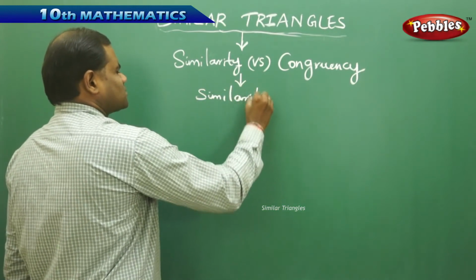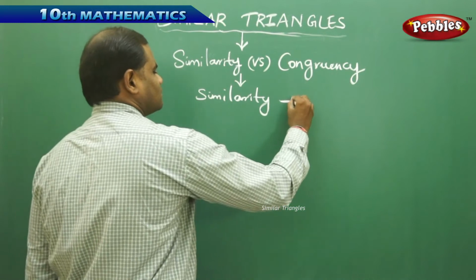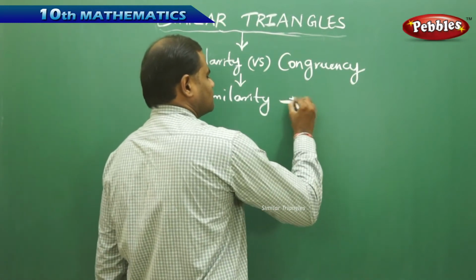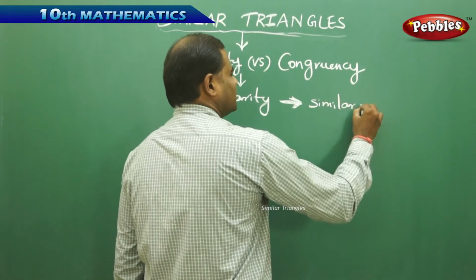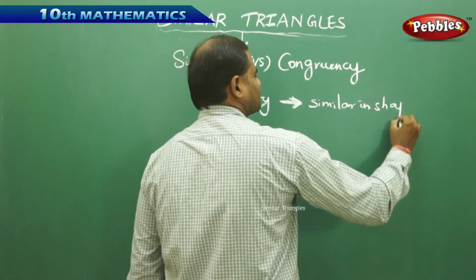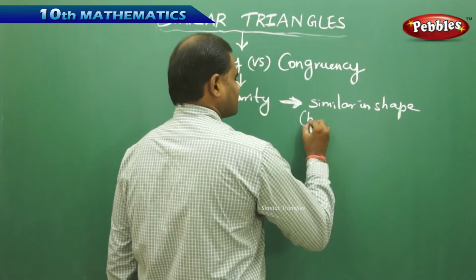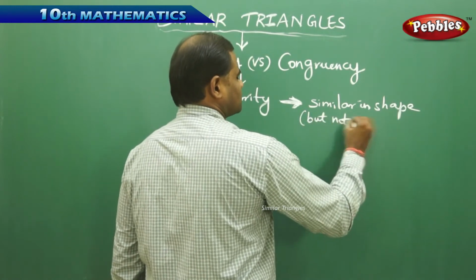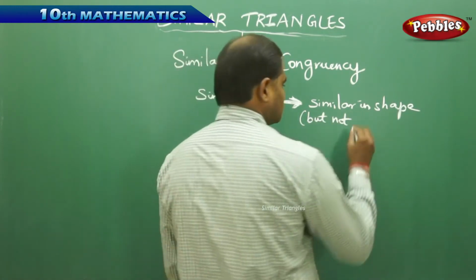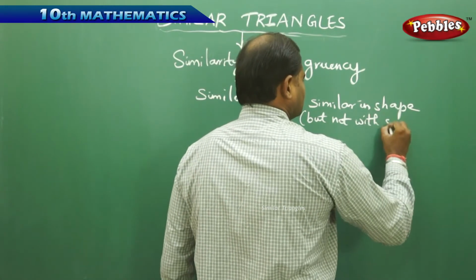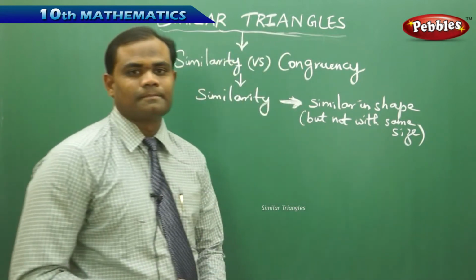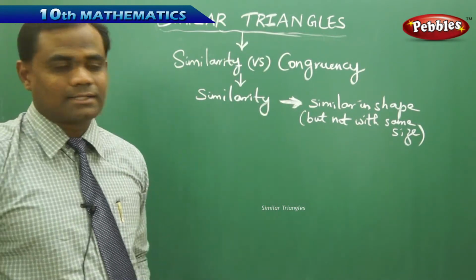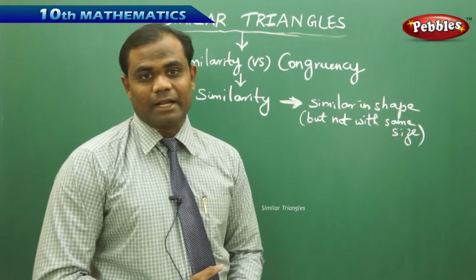So before we start, my definition for similarity says that they are similar in shape but not with the same size. So the size of the objects is not the same in similarity.